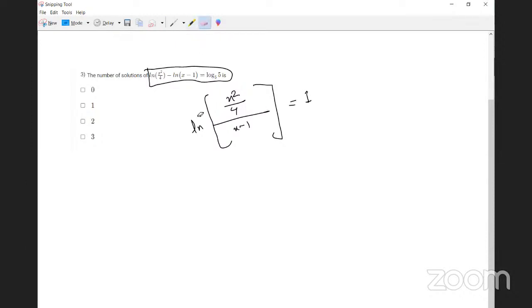Okay, so number of solutions, right? So basically we have to find out the equation here. So how will we do that? I can write this x square as ln of x by 2 whole square, right?